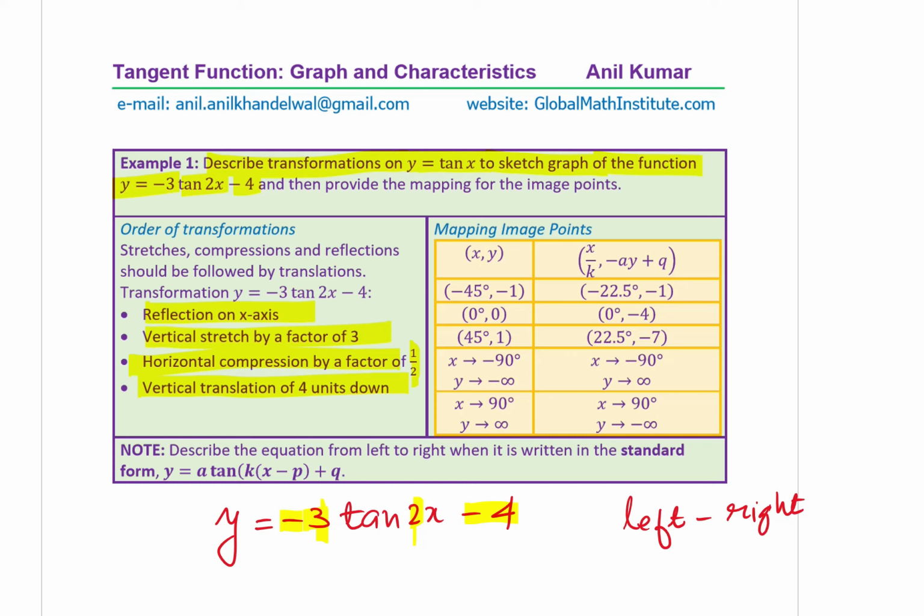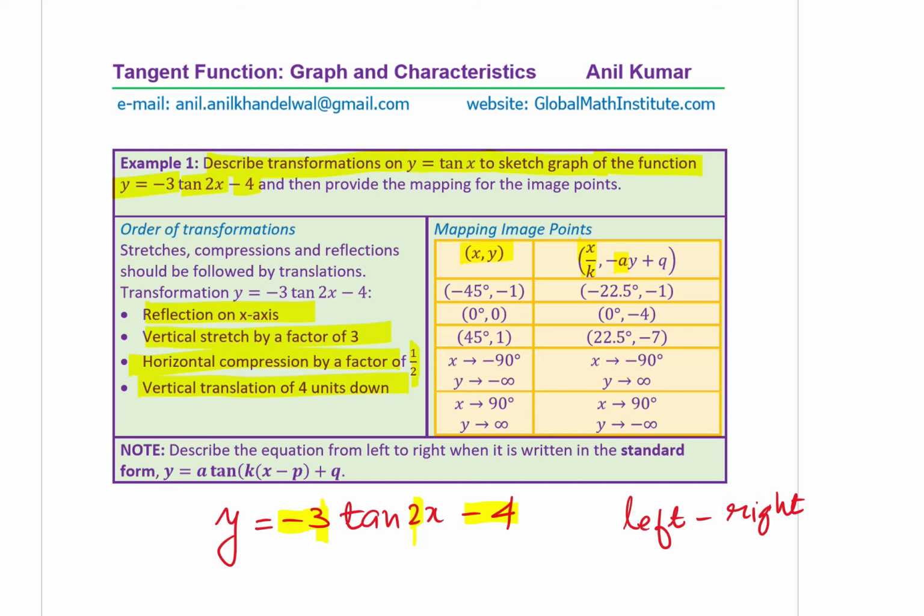Now based on this, any pre-image point (x, y) will get transformed, and the image point will be what? Divide by the value of k, multiply by the value of a, in this case minus 3, and add q.